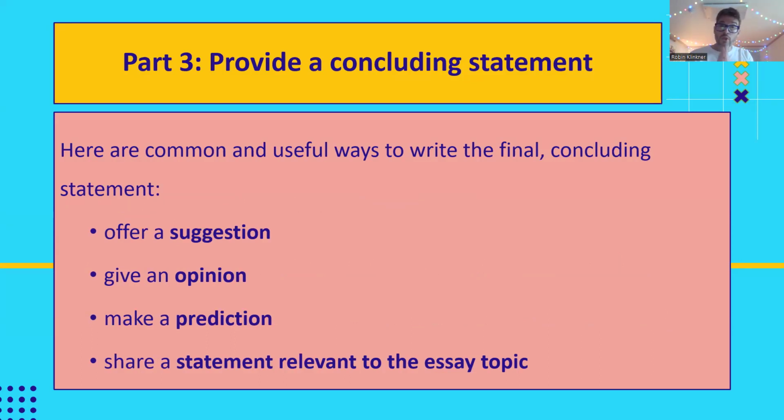Now, you only have one concluding statement. In your concluding paragraph, you only have one final sentence. So you just choose one of these, just one. You can offer a suggestion, give an opinion, make a prediction, or share a statement relevant to the essay topic, but of course, not all 4, just one.